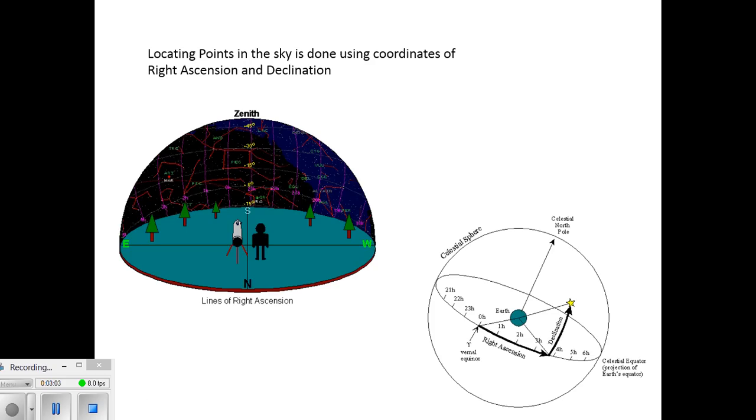If you're into astronomy and you're trying to determine the location of a particular star or planet, then you need coordinates. Coordinates in space are given in terms of right ascension and declination. And here's a graphic, and of course you could always research that if you have a greater interest.